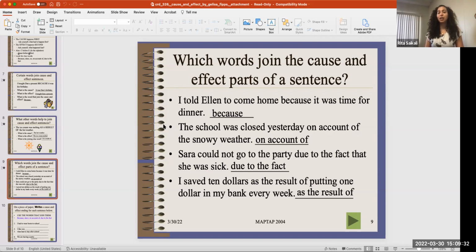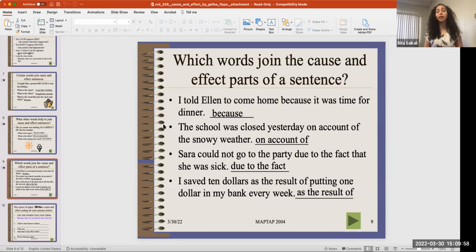And you can see that the result was the school was closed. What had to happen first? The snowy weather. Okay, so we can also flip this one. On account of the snowy weather, comma, the school was closed yesterday. Yeah? Do we see it? Yes? Okay, if no, then you can ask me. This would be a great time to ask.